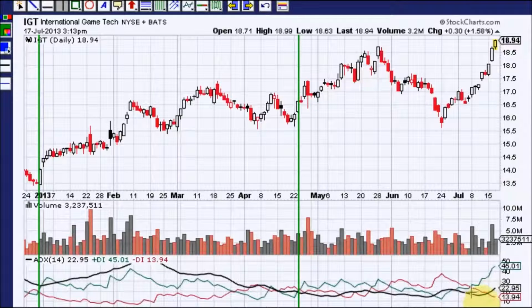Here's another DI plus crossing up through the DI minus. Stock ran from about $17 to almost $19 on that particular crossover. And as you can see, the DI plus started moving up sharply while the DI minus started moving down sharply.